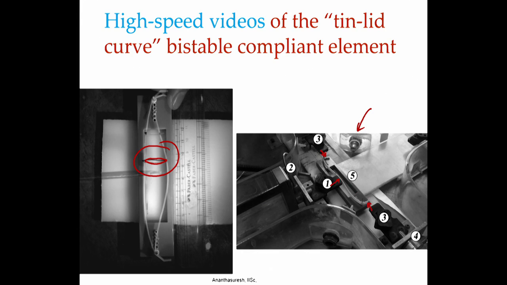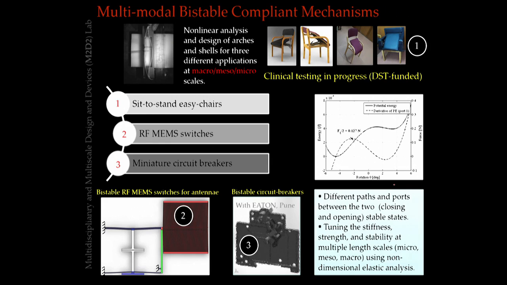So, with that when we record, it indeed takes a different path. When I play it, you would see that it goes very fast, so you cannot be sure, but simulation shows that it takes a different path. Here the experiment also, with high speed video, we can see that it takes a different path.